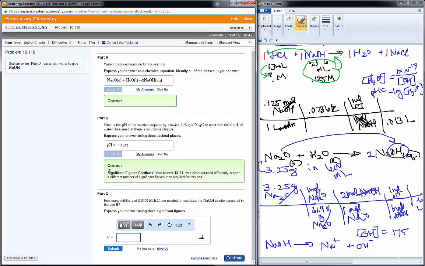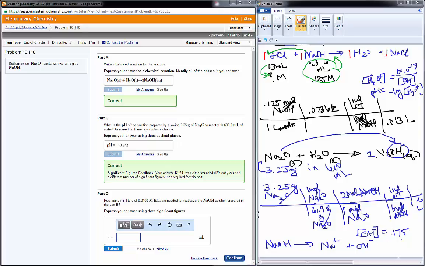Now, before I continue, it can be helpful to ask myself, do I think that I did that right before I hit submit? Recognize that this is making a basic solution because you know what a base looks like. Hydroxide is a base. So I should hope that I'd have a pH that's above 7 and probably very high because this is a very strong base.